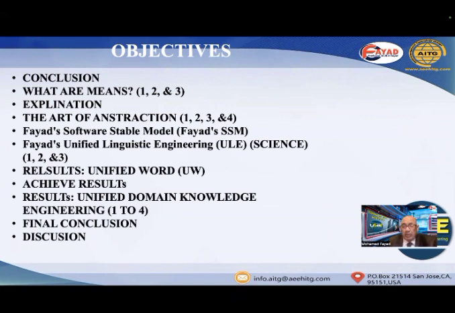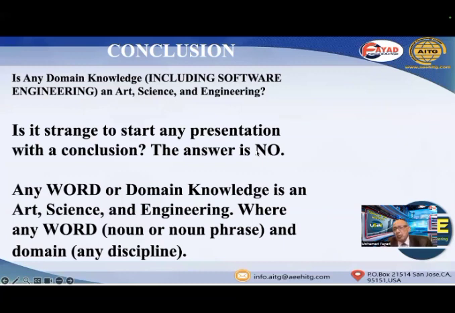Anyhow, let's go into the lecture. Remember, this is the third part of the critical look at software engineering, and the question is: is any domain knowledge, including software engineering, an art, a science, and engineering?